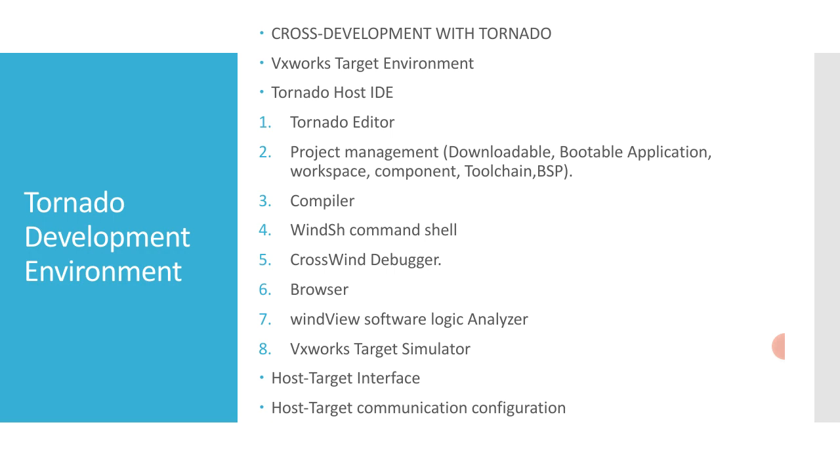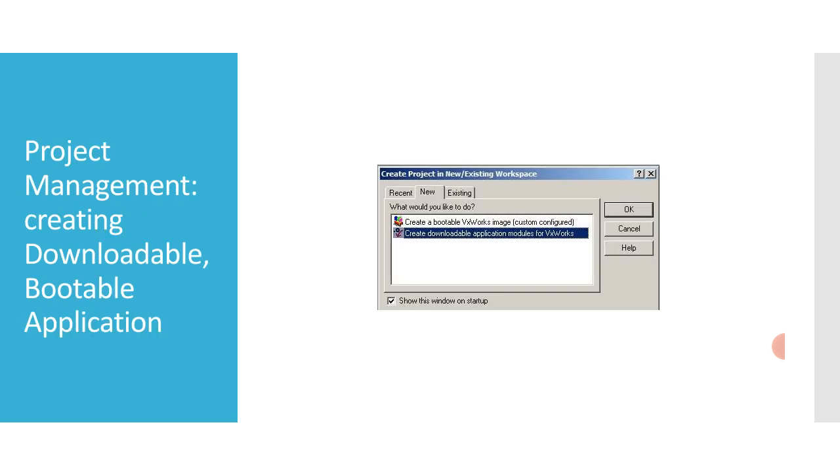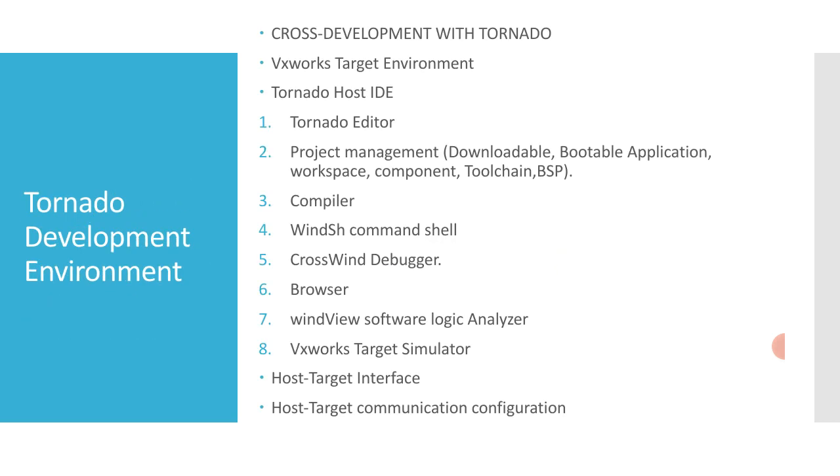Coming to cross development with Tornado, Tornado provides the optimal cross development environment by ensuring the smallest possible difference between the target system during development and after deployment. This is accomplished by segregating the vast majority of the development facilities on the host system while providing precise yet minimally intrusive access to the target. The hardware in a typical development environment includes one or more networked development host systems and one or more embedded target systems.